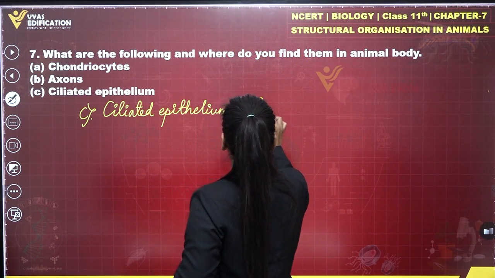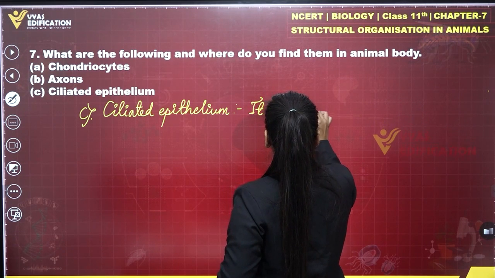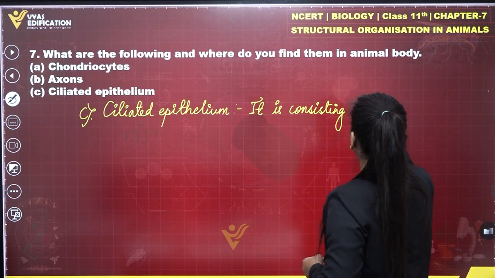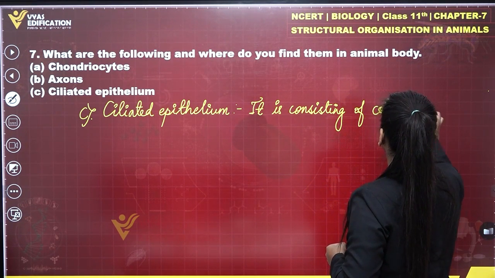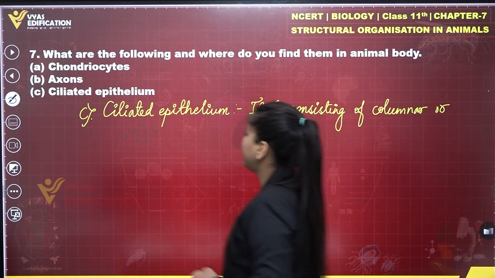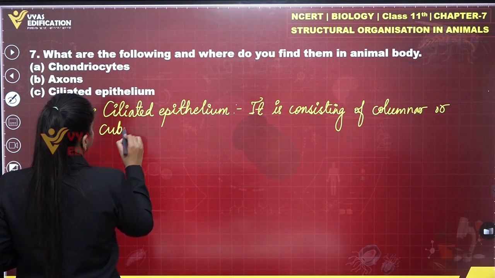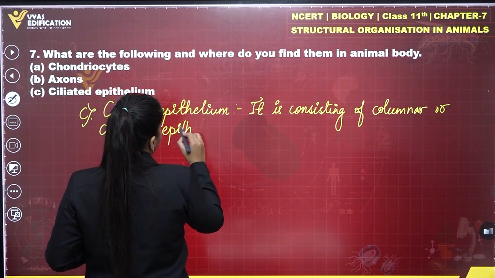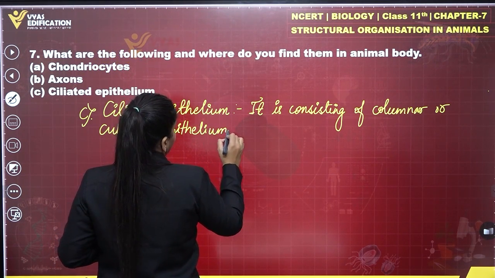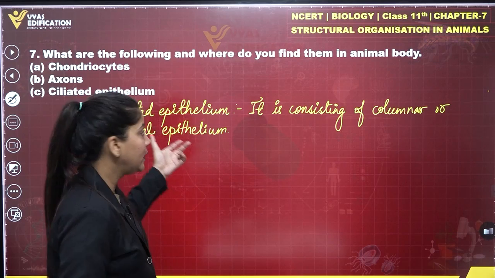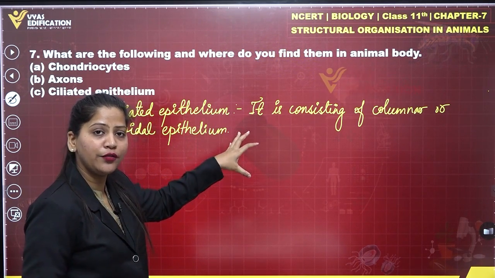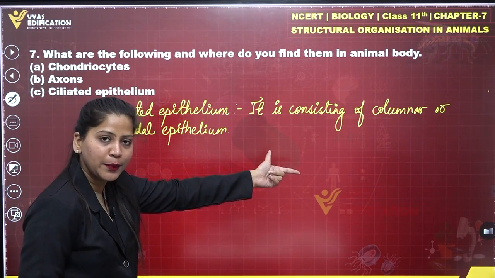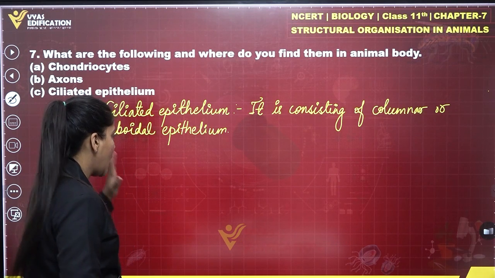It consists of columnar or cuboidal epithelium. It is actually a type of epithelium, right? This is the ciliated epithelium, which is a part of epithelial tissue, right? So ciliated epithelium can consist of columnar epithelium or can consist of cuboidal epithelium.